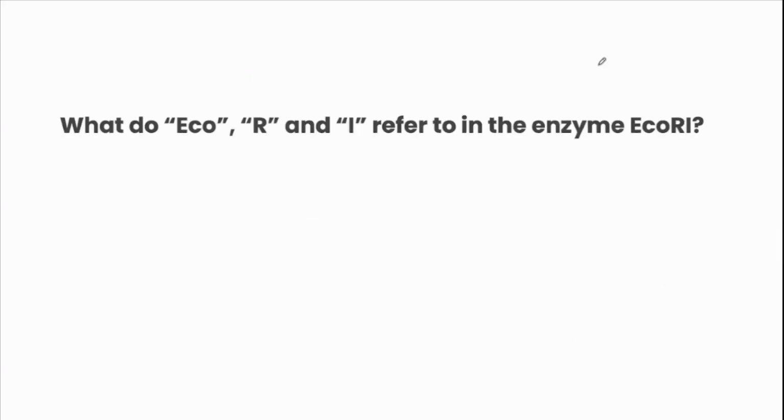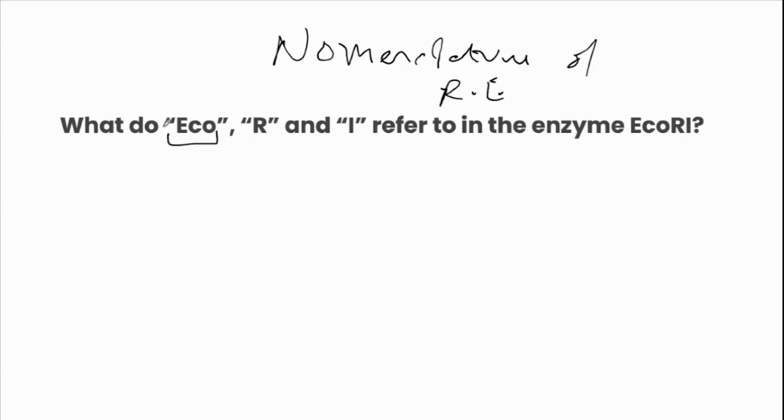Moving on, what do Eco R and I refer to in the enzyme? Here they are asking about the nomenclature of restriction enzymes. You already know this. Eco refers to the species.